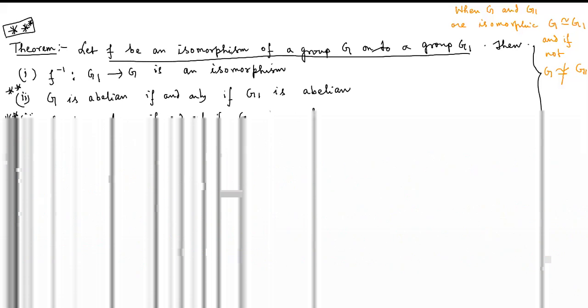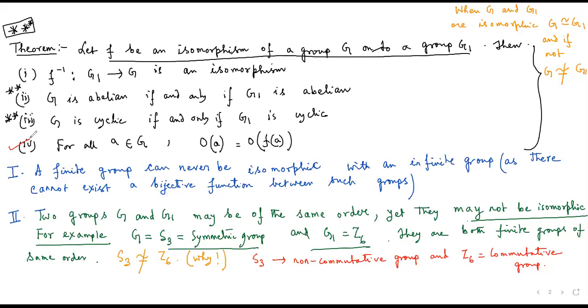So therefore it's not always easy to find an isomorphism between two groups. It's very difficult actually.